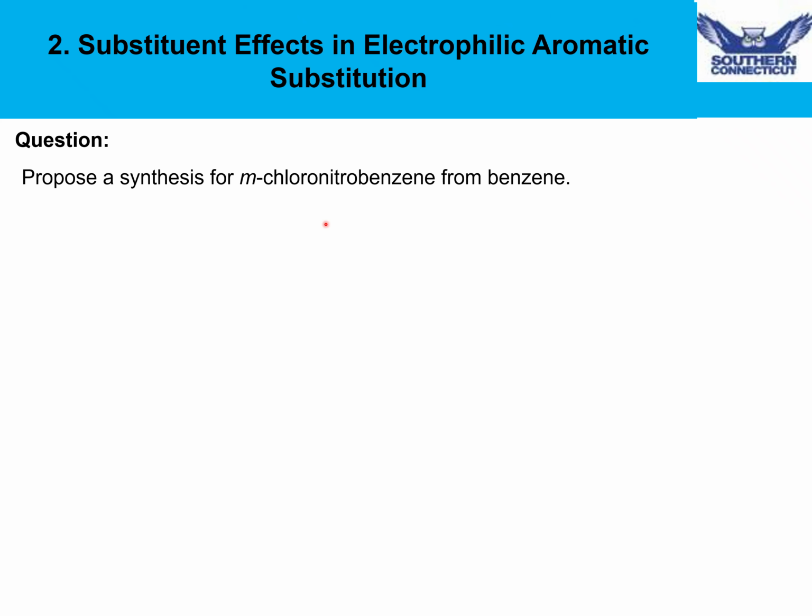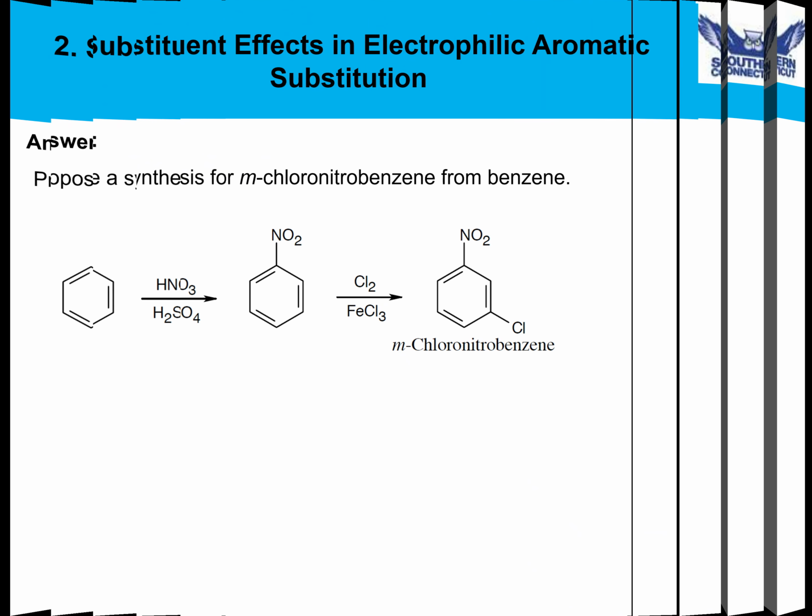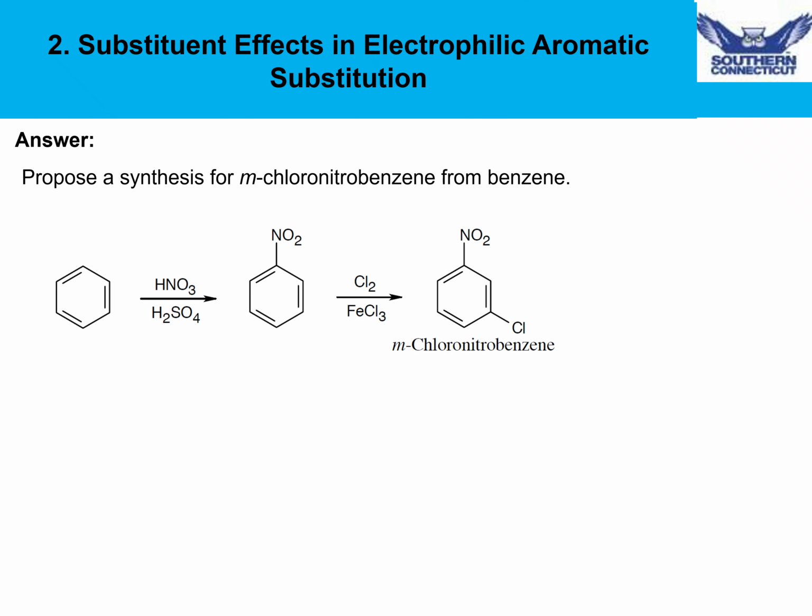This question is asking us to do a synthesis of meta-chloronitrobenzene from benzene. In order to synthesize meta-chloronitrobenzene from benzene, we would have to do a chlorination and a nitration.